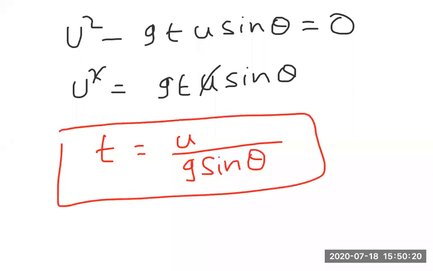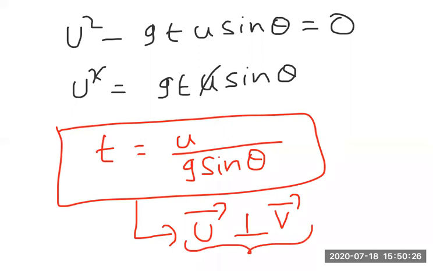So what is the condition for the initial velocity and the velocity at another instant to be perpendicular? The time taken for that is u by g sin theta. At what time will the velocity be perpendicular to the initial velocity vector? At t is equal to u by g sin theta. We got the time value, we are happy here.